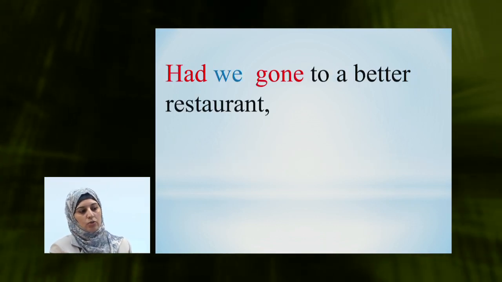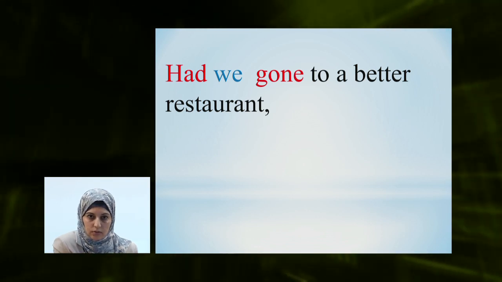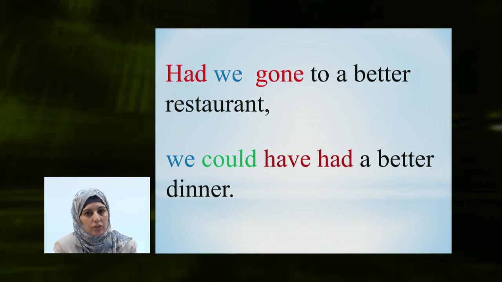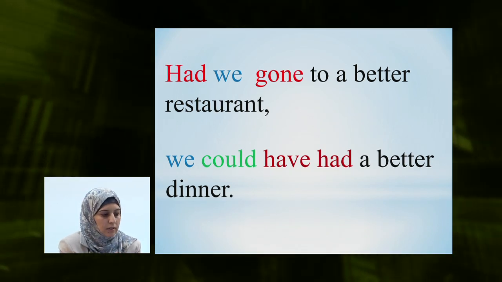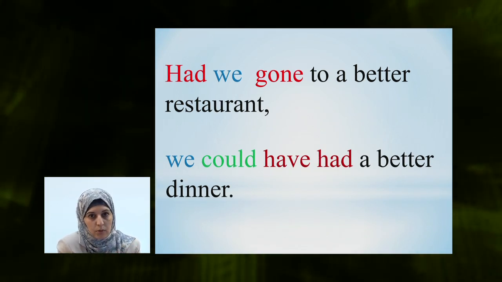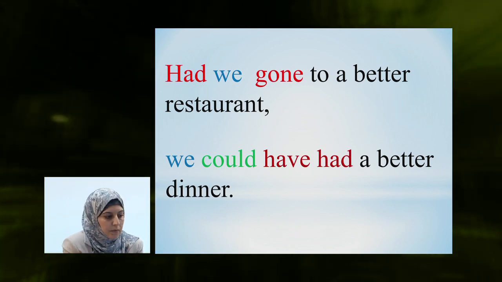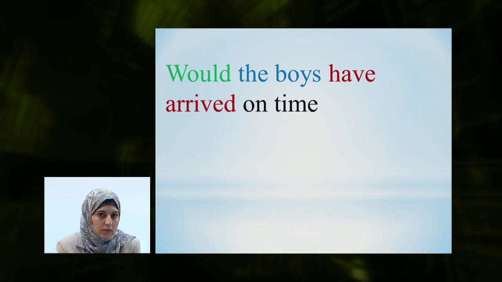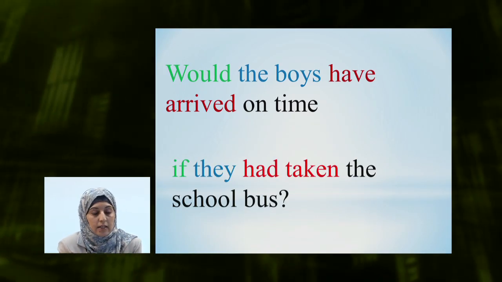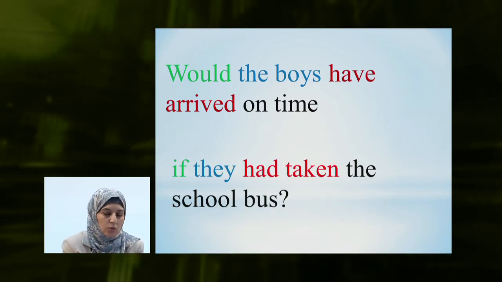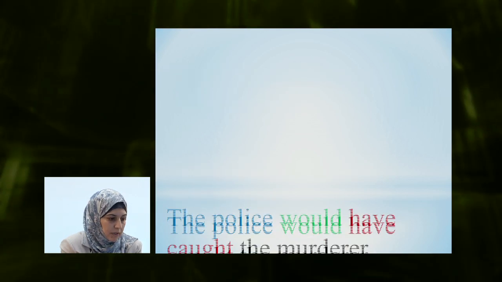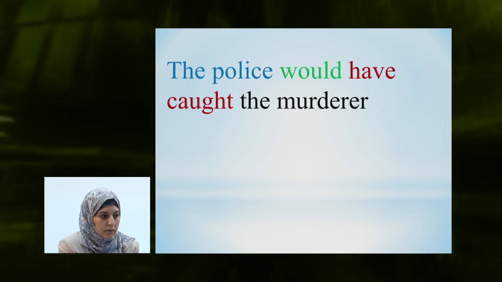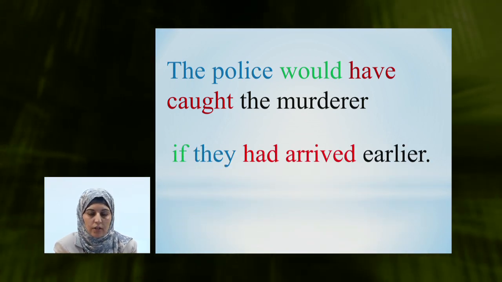Had we gone to a better restaurant, what would happen? We could have had a better dinner. Note here, could. Possible. Another modal. Would the boys have arrived on time if they had taken the school bus? Fine. The police would have caught the murderer if they had arrived earlier.